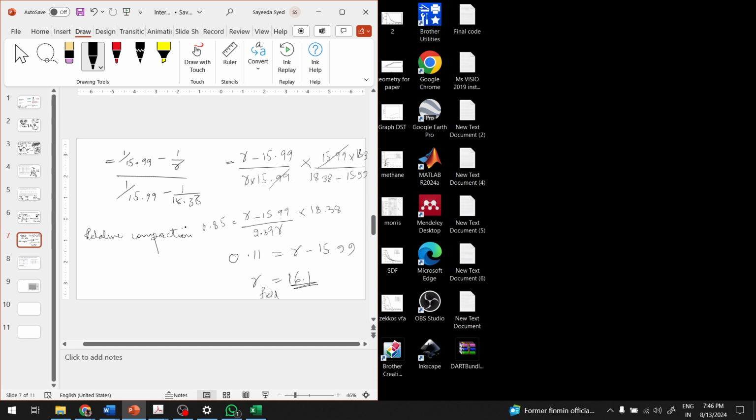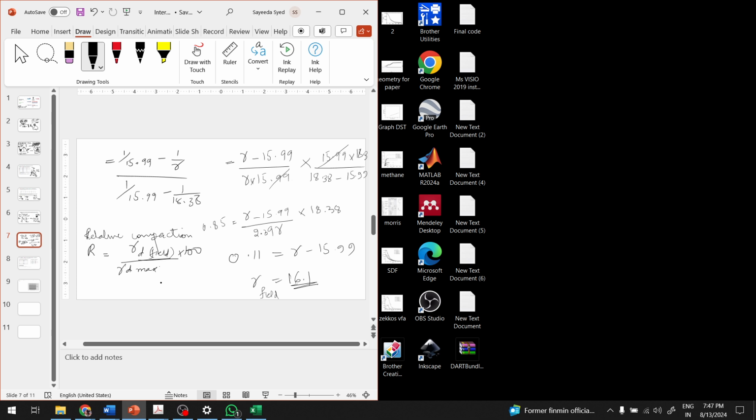Okay, the relative compaction is gamma d field over gamma d max, which we have determined in lab, into 100.